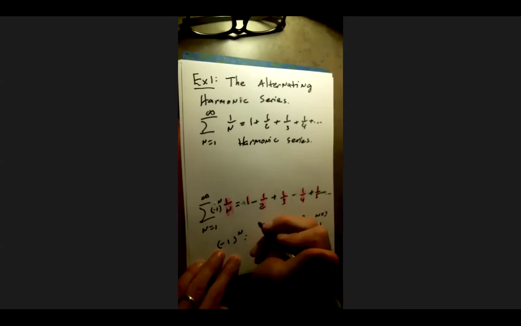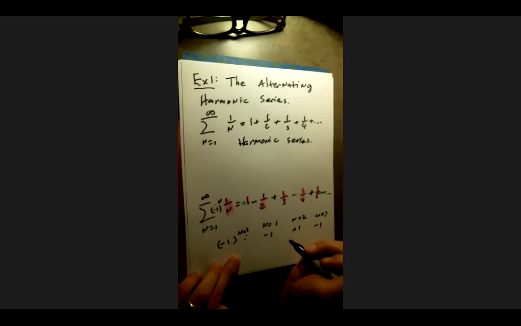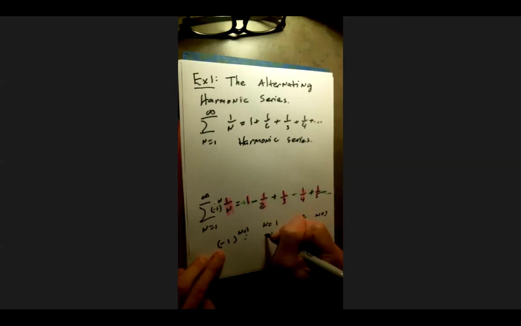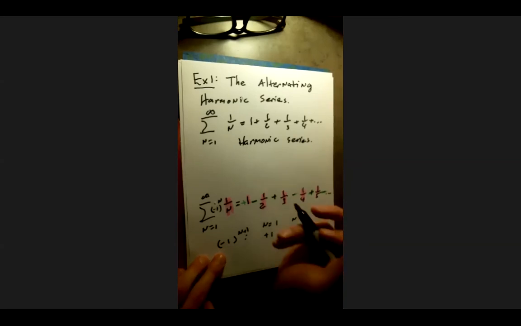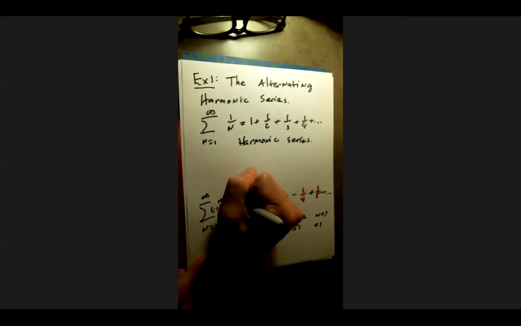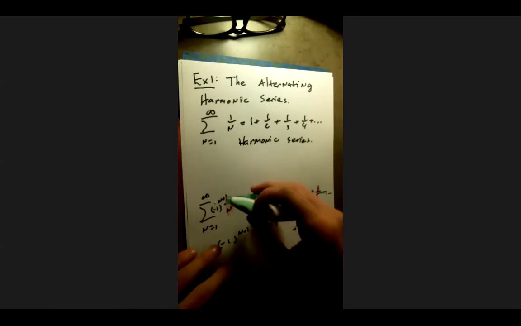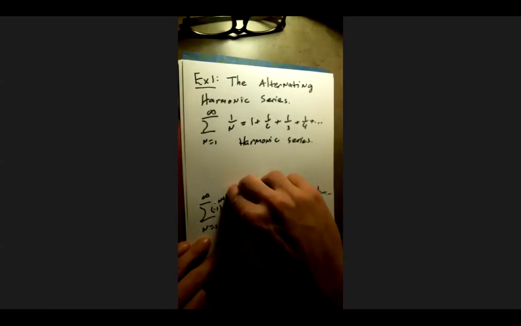It won't make a difference. Maybe I'll add 1 to it, and suddenly all those signs change. So now it's -1 to the 2 plus 1, -1 to the 3 plus 1, -1 to the 4 plus 1, et cetera. So we need to have that -1 to the n plus 1.